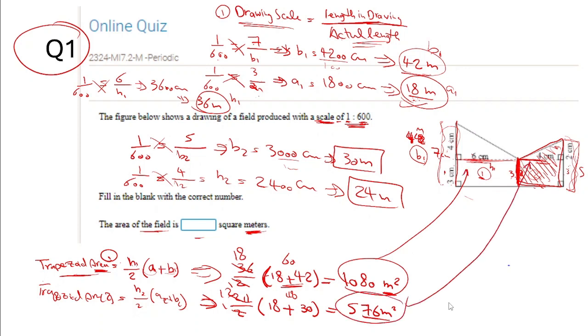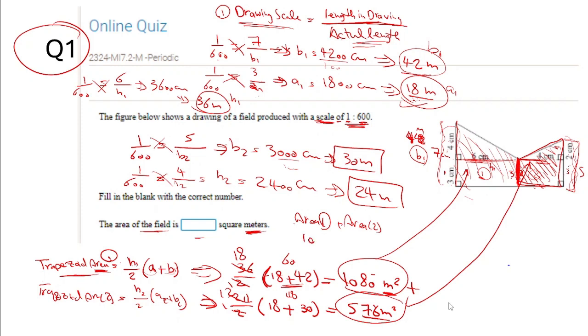Okay, so this is the area of this side, and this one is the area of the second side. So if we add both sides together, we will get the figure. So that means we will add area number 1 and area number 2. So now the figure will equal to area number 1 plus area 2.